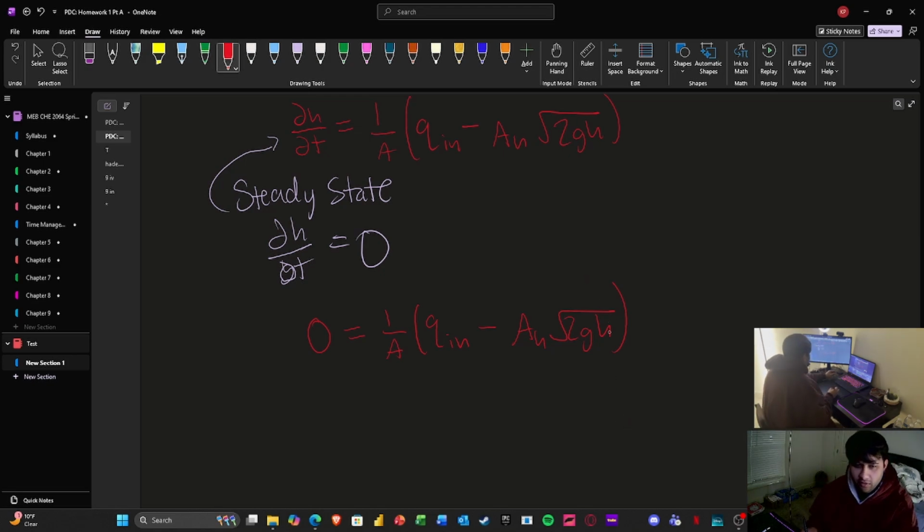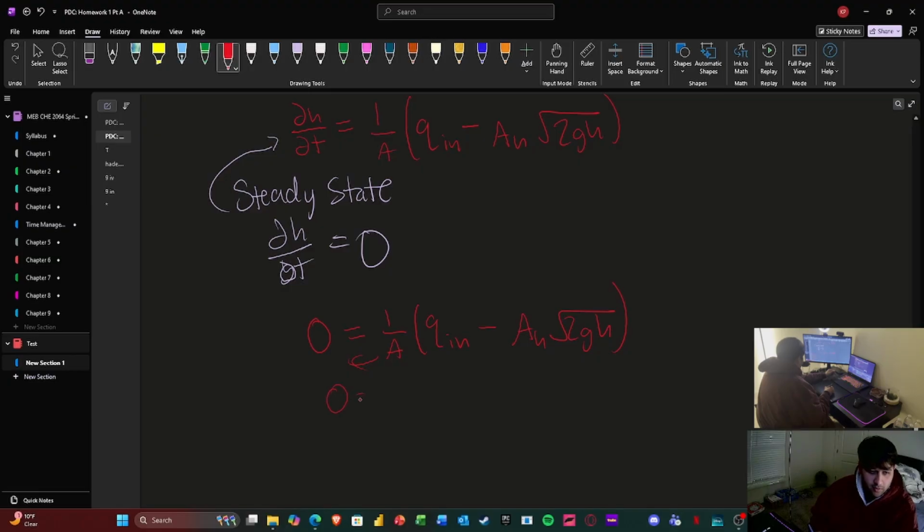Essentially what we're trying to do here is isolate the dependent variable, which is this H right here. So we're just going to have to move all this stuff over to this side and get this H alone. So we move this over, it's just going to be 0.